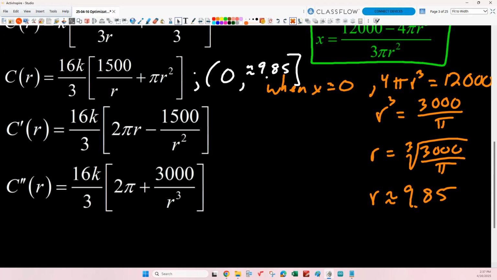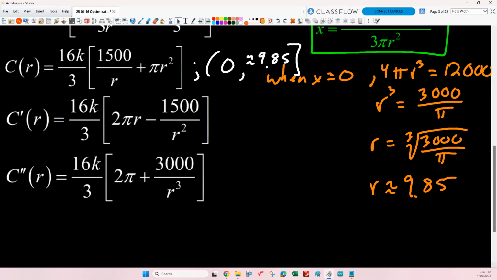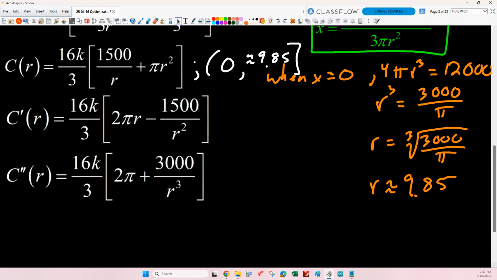Okay, so now what? What do we have to do? Critical numbers, yeah. So the first derivative is undefined where? 0, but is 0 in our domain? No, it's not. And you can see it couldn't have been, right? There's another way we could look at that original function and say r can't be 0 because there's an r in the denominator, right?